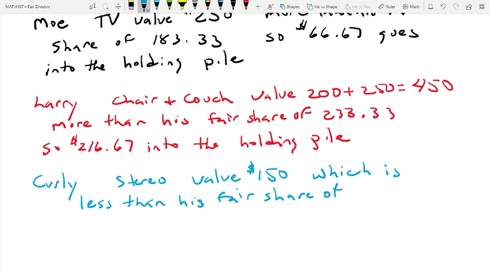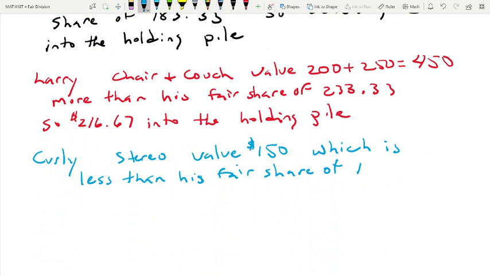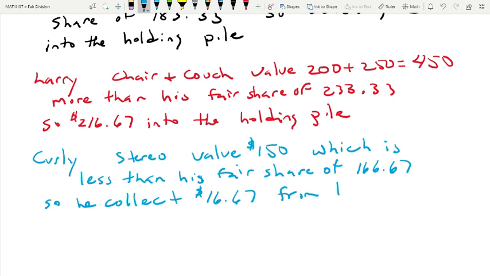He said his fair share would have been $166.67. And so he collects 16.67 from the holding pile.